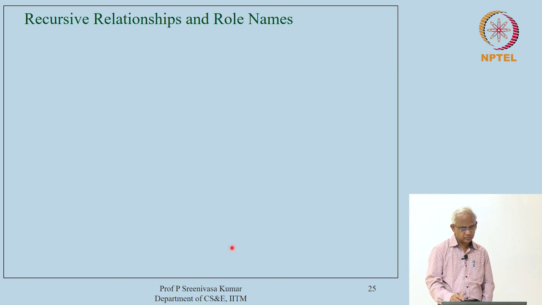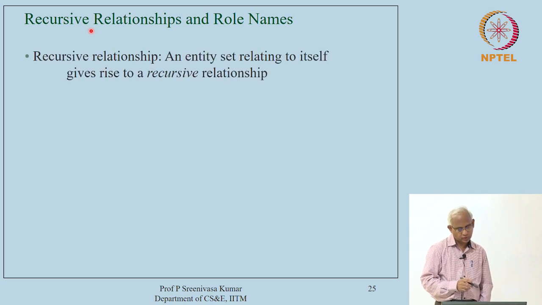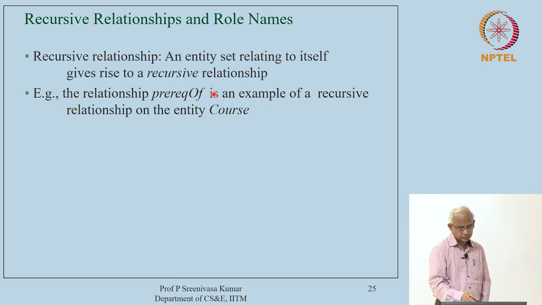Here is another interesting idea called recursive relationships, and associated with that is role names. An entity set might relate to itself and thus gives rise to what is called a recursive relationship. In database parlance they use this term, but it is not the same sense of recursion as we see it in other contexts.